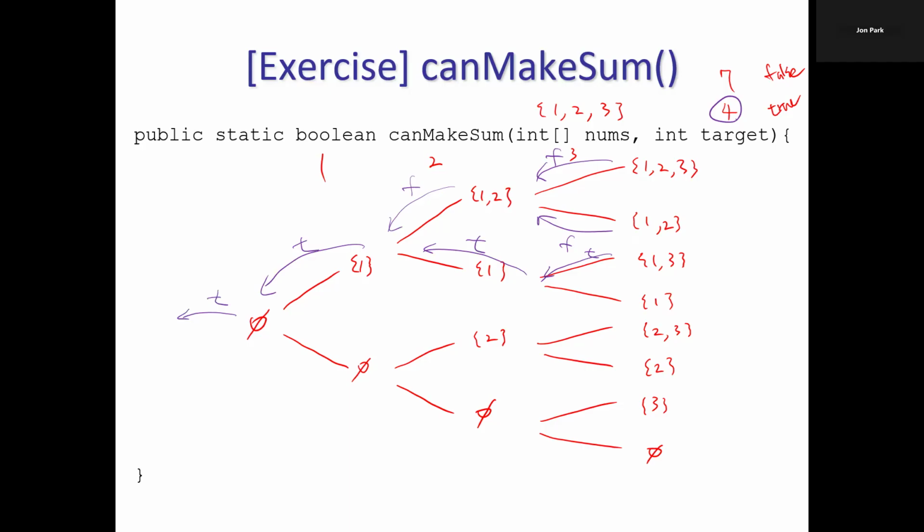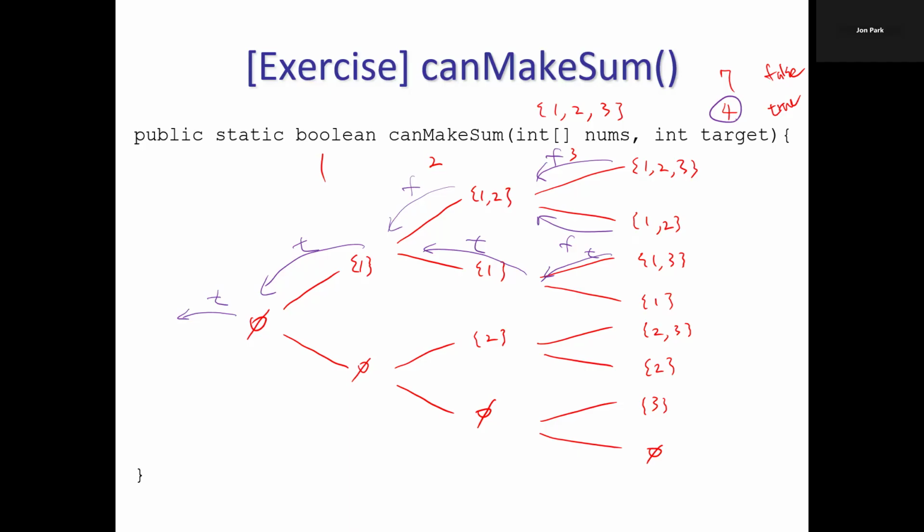So we're basically checking every possible subset at the base case level. If that subset adds up to the target, return true, otherwise false. So the return values will look like this. And we're not going to use the actual sets because that would involve creating a new array.